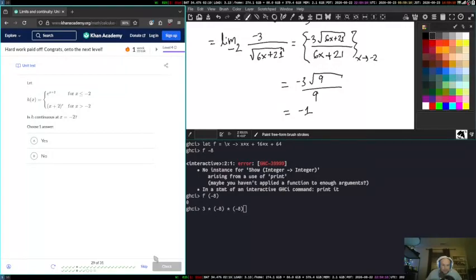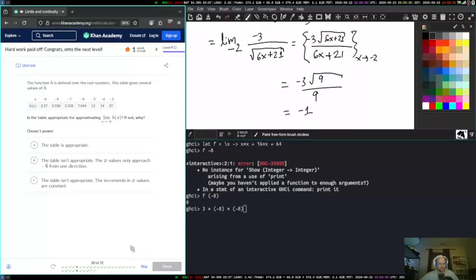e to the 4th. Oh, wait, no. e to the 0. It's going to be 1. And 0 to the e. I'm just going to guess no, because that just doesn't seem like a continuous function.